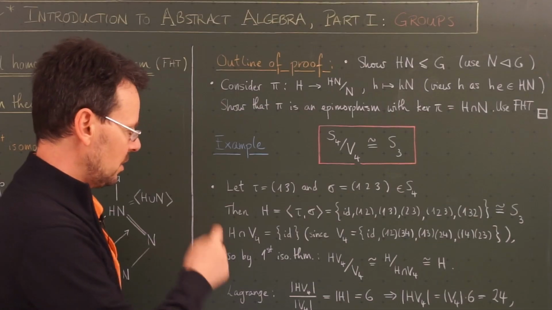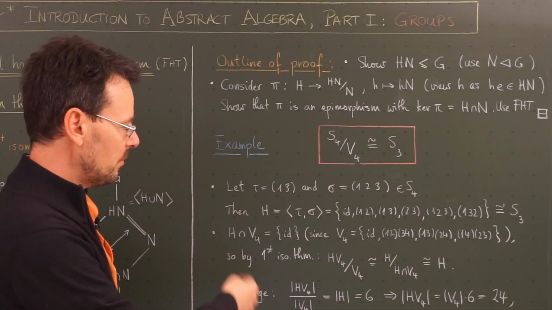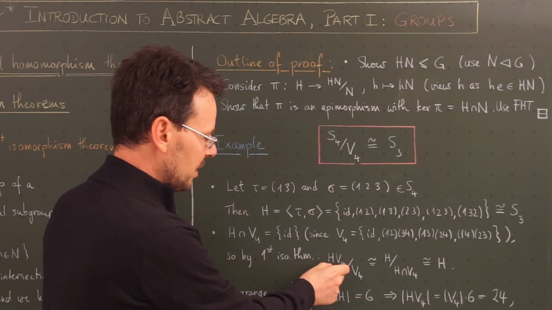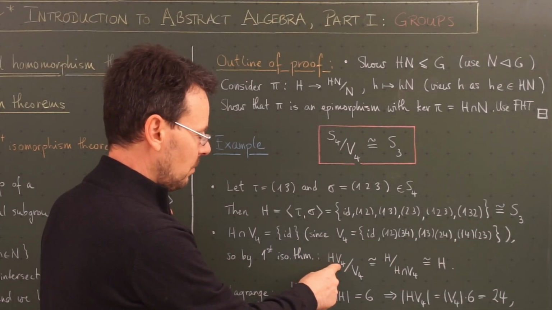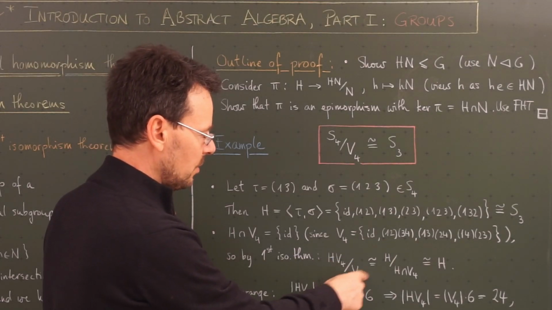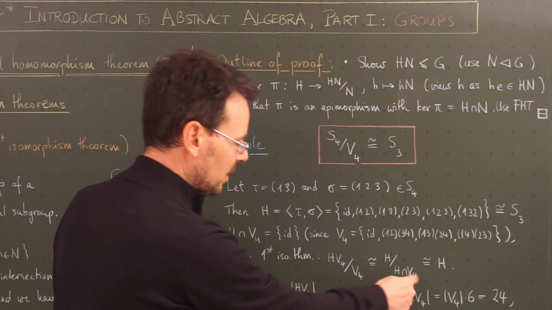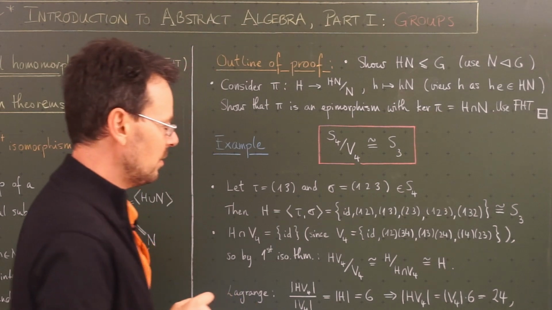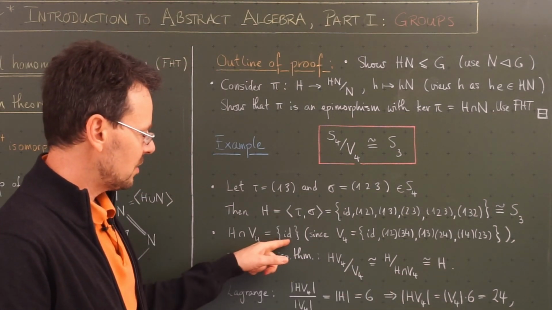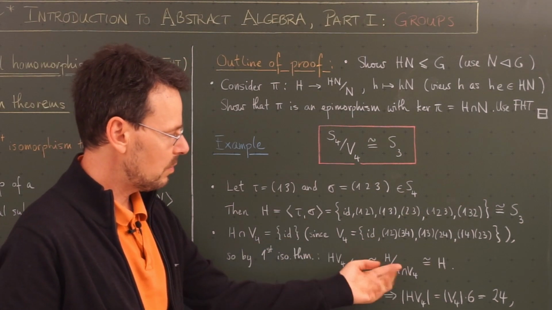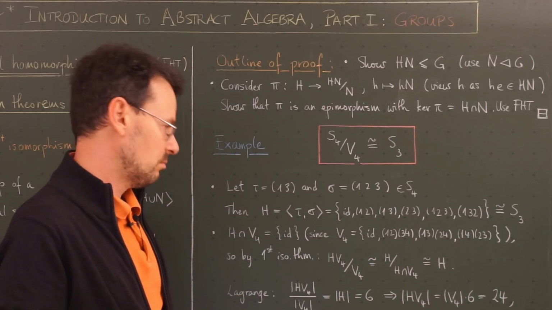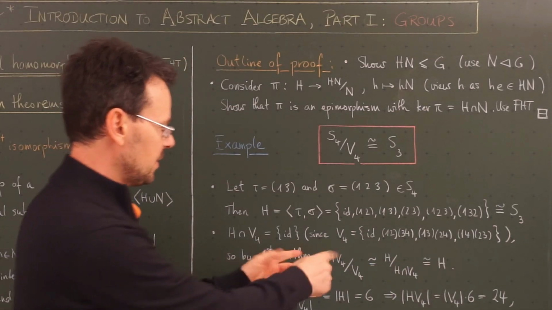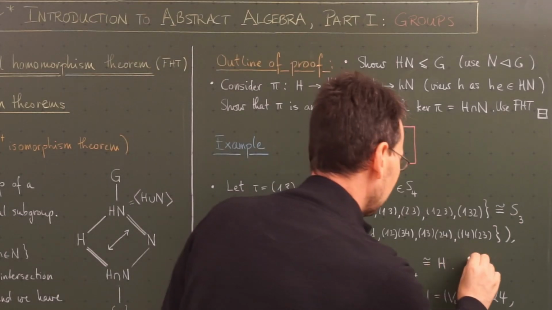So we can use the first isomorphism theorem, which asserts that the complex product HV4 divided by V4 is isomorphic to H divided by the intersection of those groups. This is exactly what we have here. But since this intersection is trivial, this factor group, of course, is isomorphic to H, because the cosets look like that.